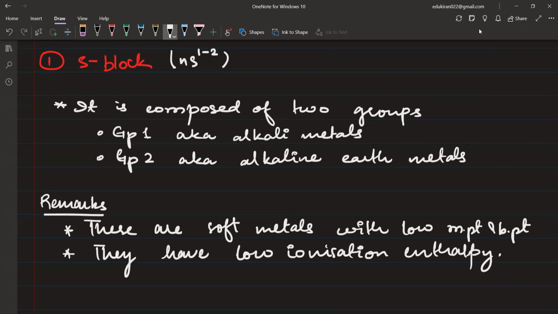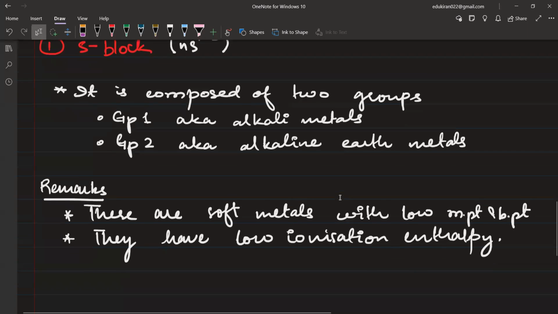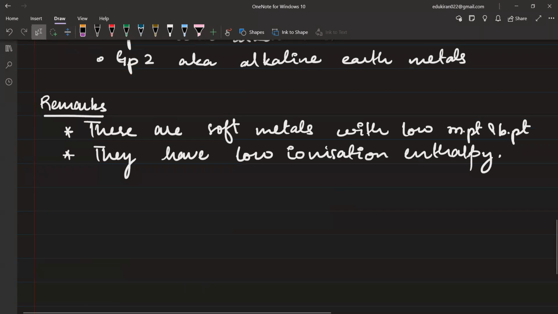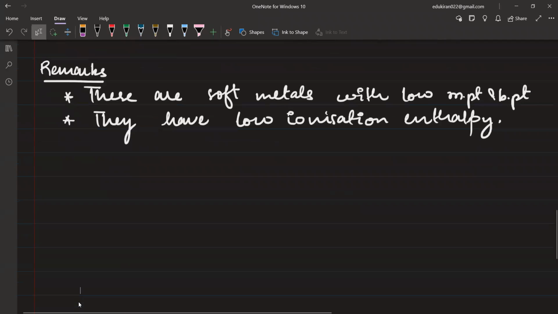Ionization enthalpy means the energy required to remove the outermost electron. That means how you make an ion after you remove an electron. That is ionization energy. Why it is low, why it is not high, and what conditions the ionization enthalpy depends on, we will talk about completely in a separate topic. We'll be learning about 5 main properties.